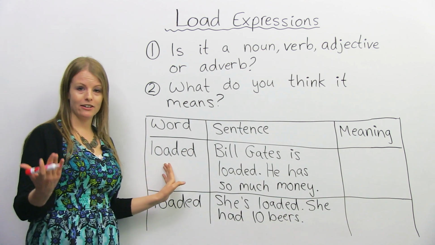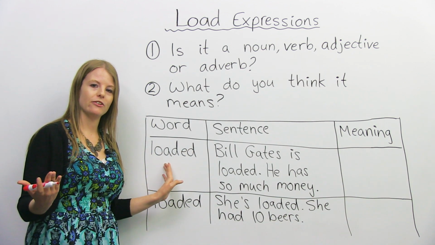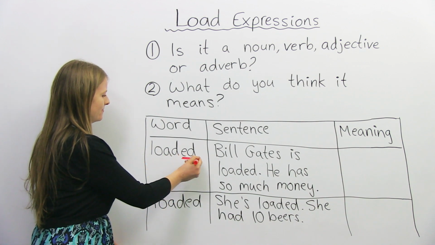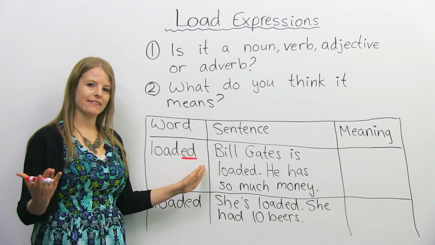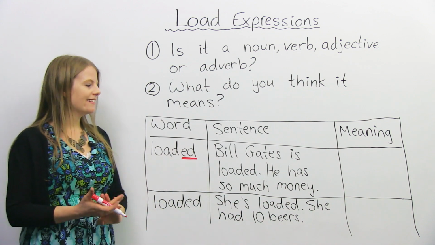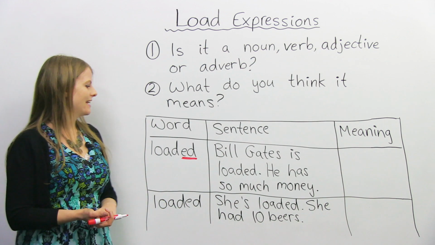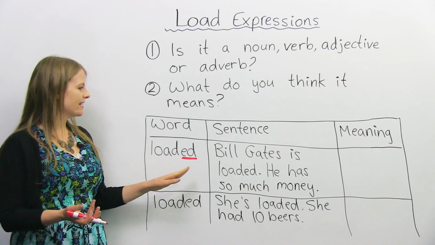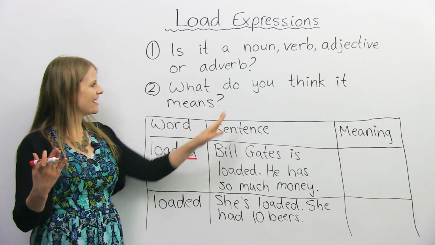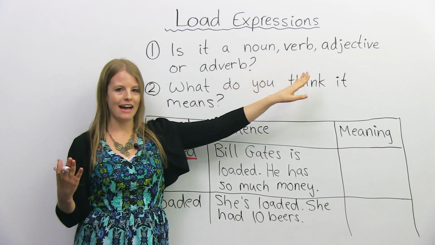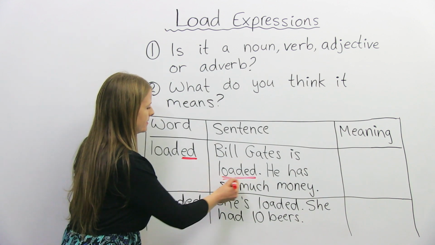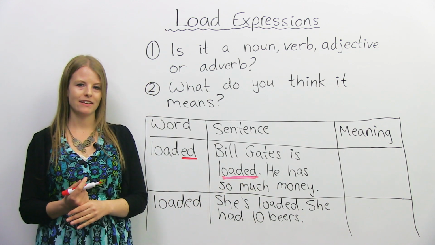Okay, so I have here the first example we're going to do, and that is the word loaded with ed. I have an example sentence. Bill Gates is loaded. He has so much money. All right. So I want you to take a moment and think, is this a noun, a verb, an adjective, or an adverb? So here it is in the sentence. What is this?